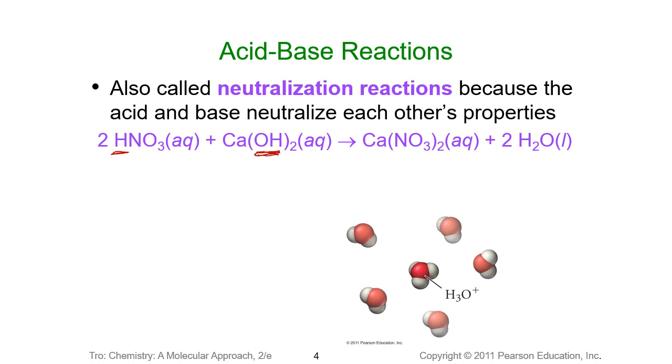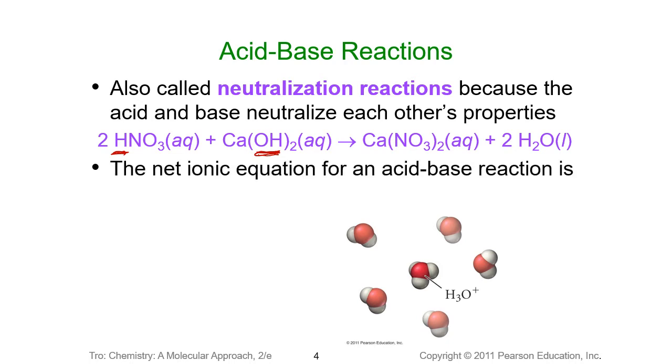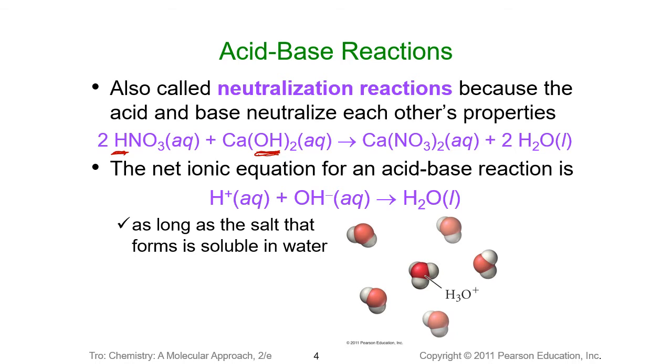We will expand this definition in the future, but at this time, an acid is going to have H+, a base is going to have OH-. The net ionic equation, no matter what the acid-base reaction is, is always H+ plus OH- gives us water.